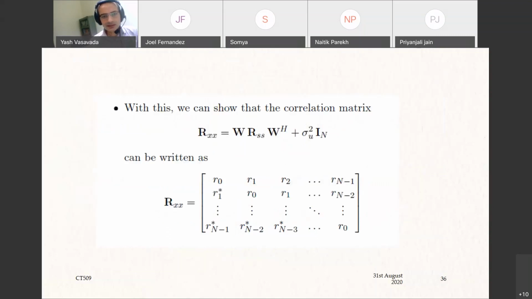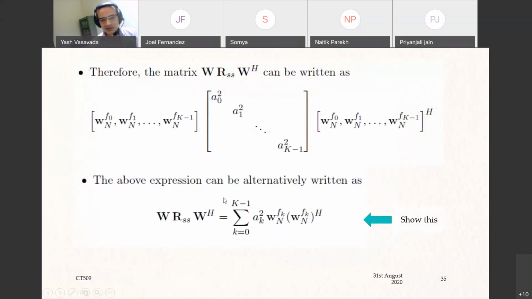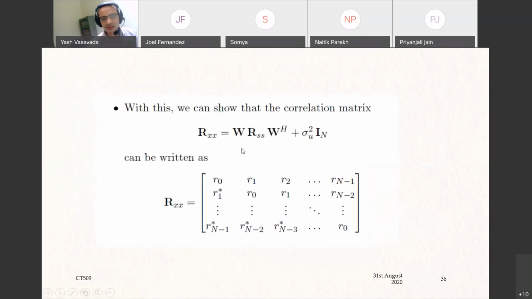Now this is the last and final step. Given this particular structure of this W RSS W Hermitian, we can take this Rxx and write it as this type of matrix. Here all that we are saying is that it's a Hermitian matrix. But more specifically, the entries along the diagonals are all the same.